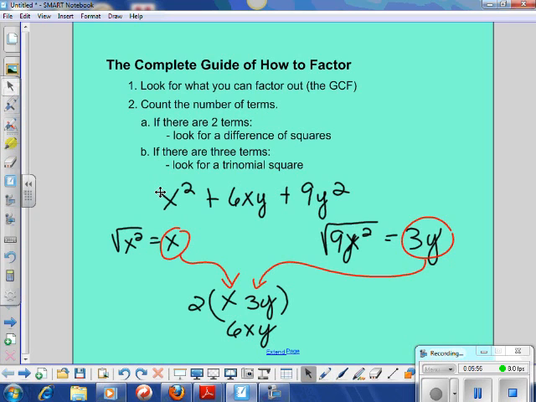That's the middle term, so this is a perfect trinomial square. So what you do for this is you take your first term x that we've already done, and our last term, 3y. We see that it's all positives in there, so it's going to be plus in here, and we're going to square it. So that's your trinomial square.